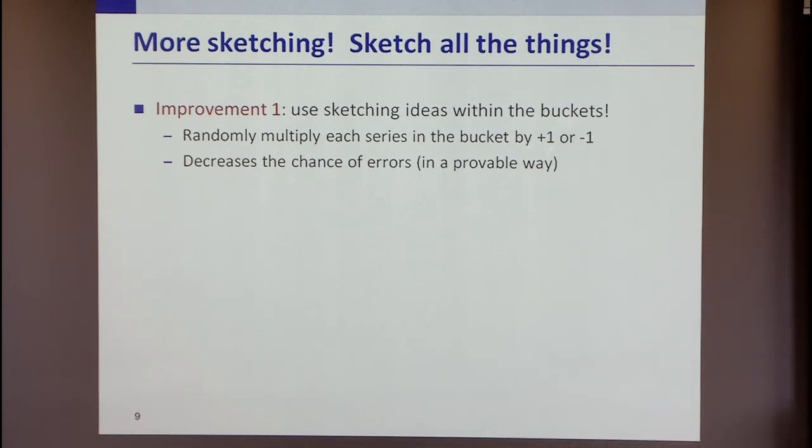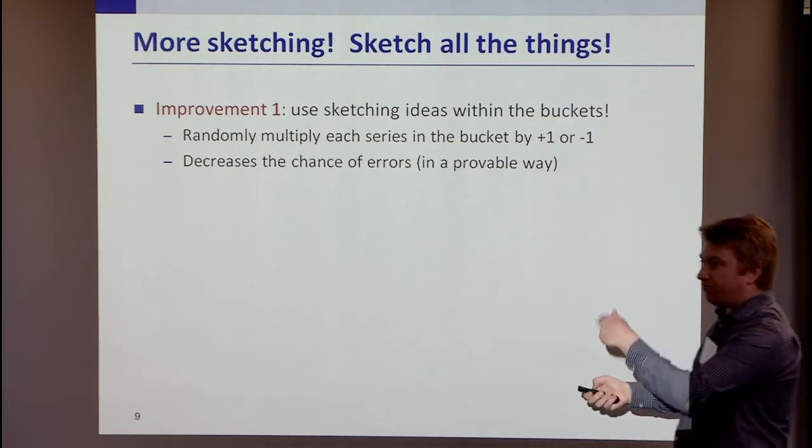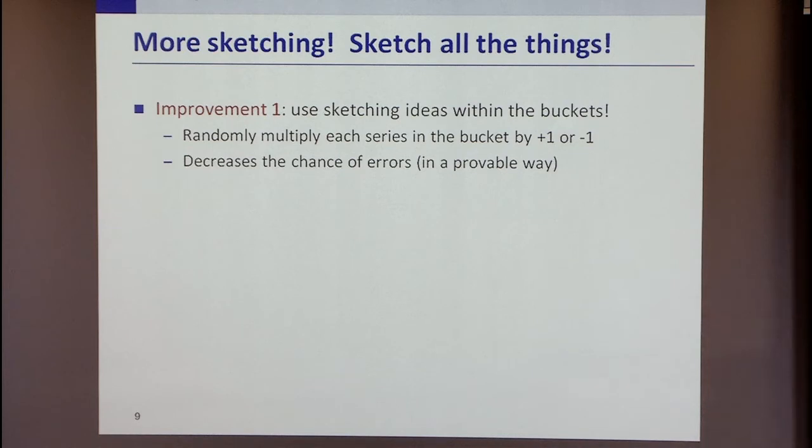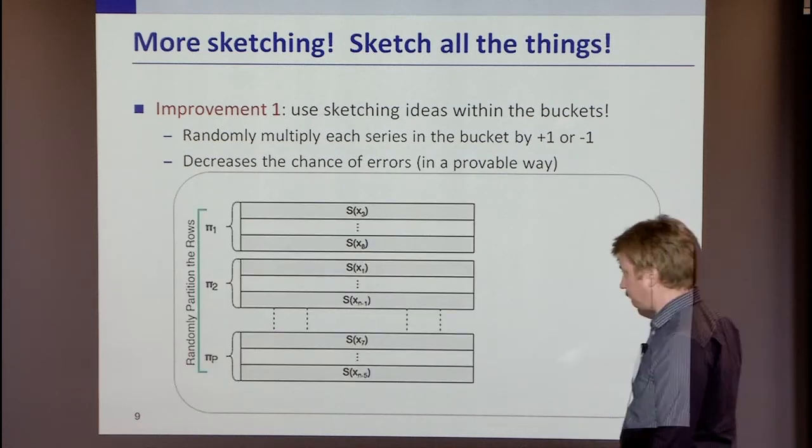Just using +1s and -1s is surprisingly effective at driving down the variance of the estimators that you get. So rather than just adding up everything in a bucket, if I associate every entry in a bucket with a randomly chosen +1 or -1, that decreases the chance that lots of things that I don't want sum up adversarially against me. That's the informal version.